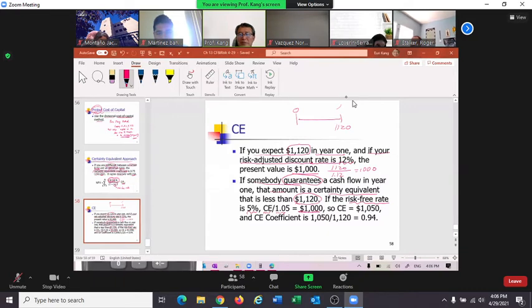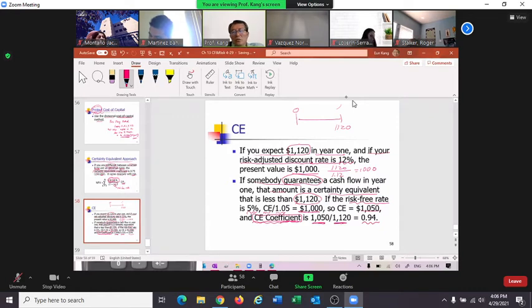1050. So CEC, this is how to calculate CEC. Certainty equivalent coefficient is what? Your certain 1050 divided by your risky 1120, that is 0.94.